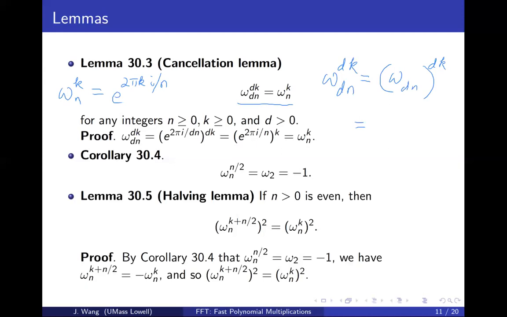So now you put d here, you put d here, and what you're getting is 2 pi i dk over dn. So you take dk out.